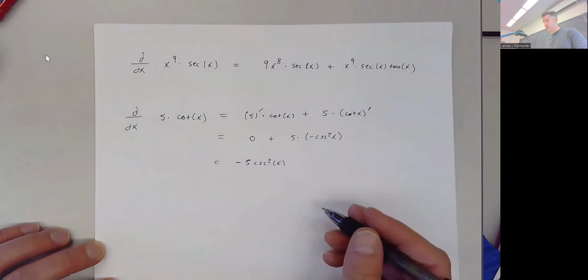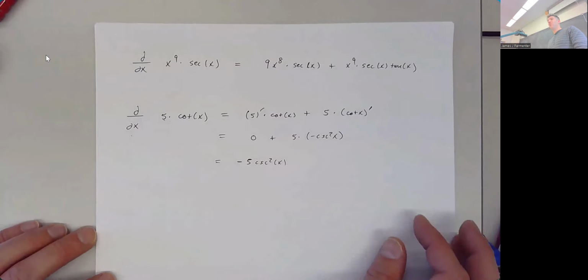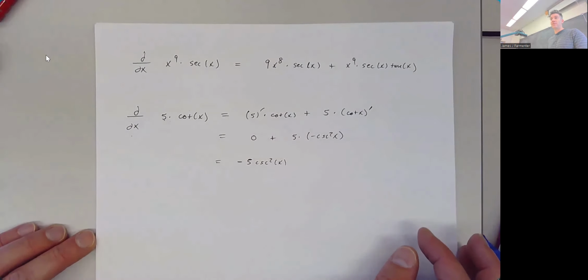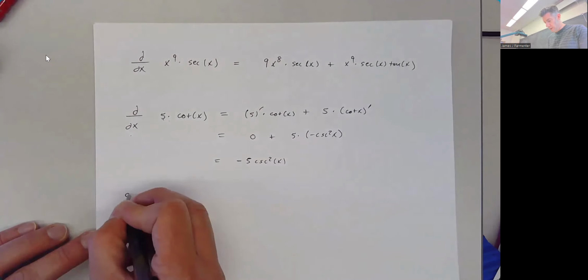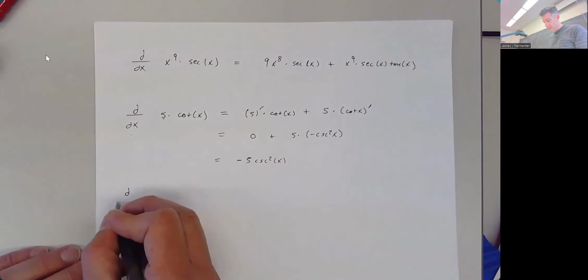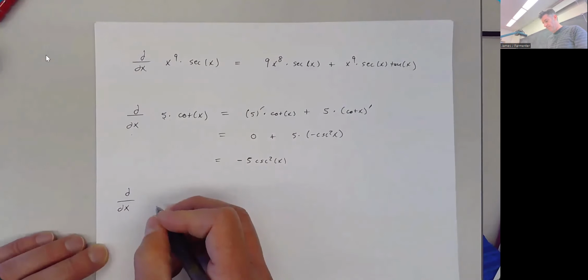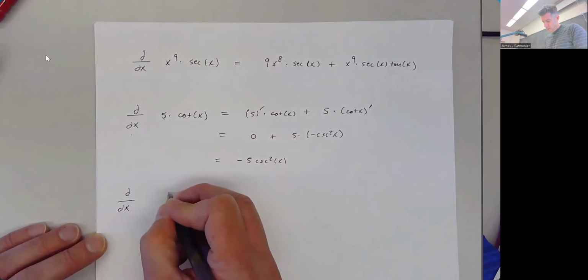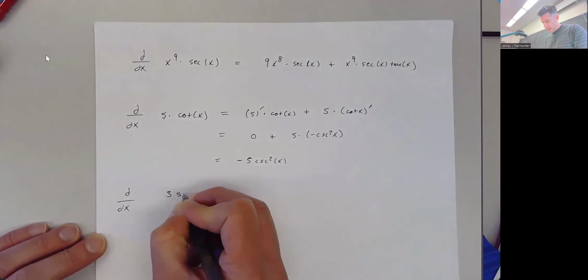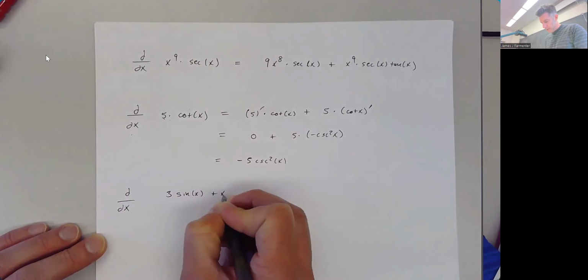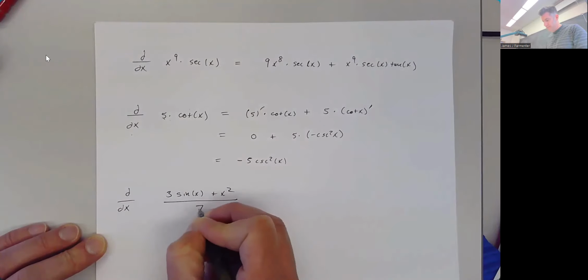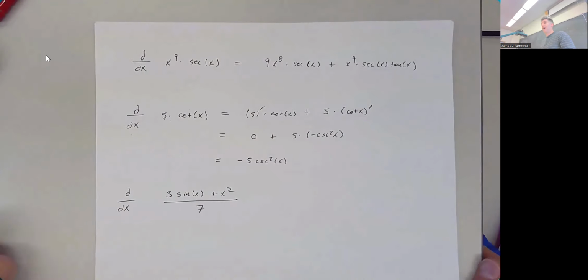It also works when you divide by a constant. So for example, if I was going to take the derivative of, say, 3 sine of x plus x squared all over 7, there's no good reason to use the quotient rule here.